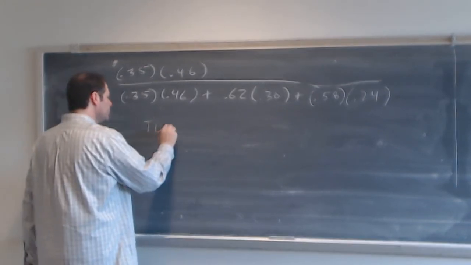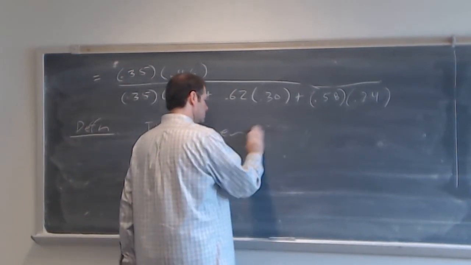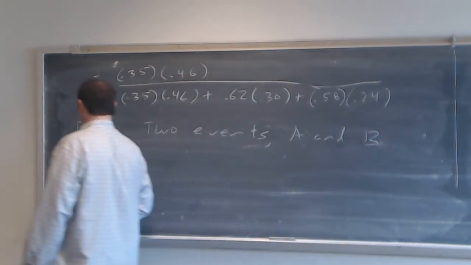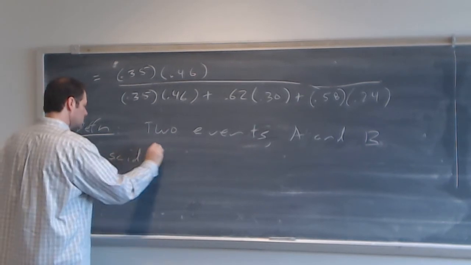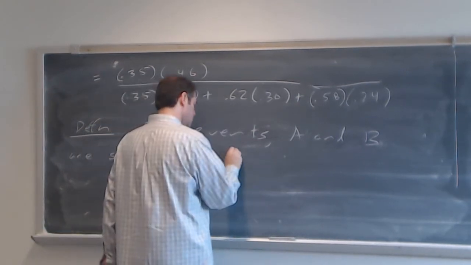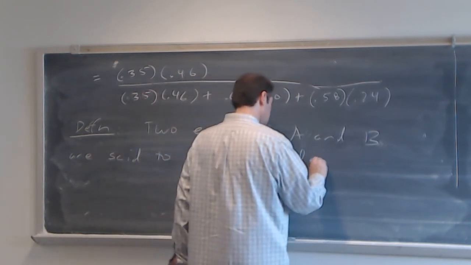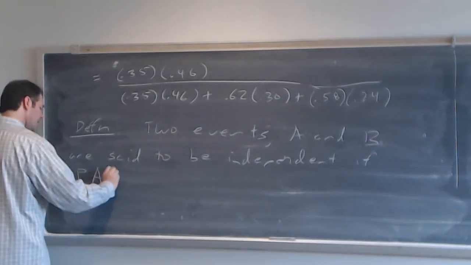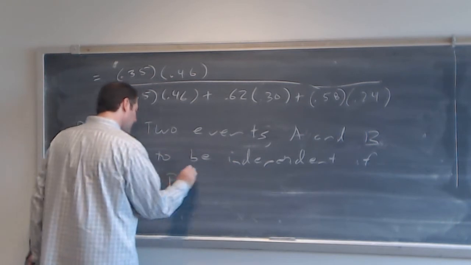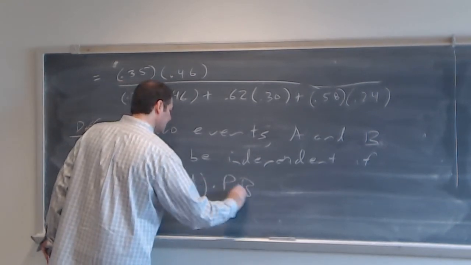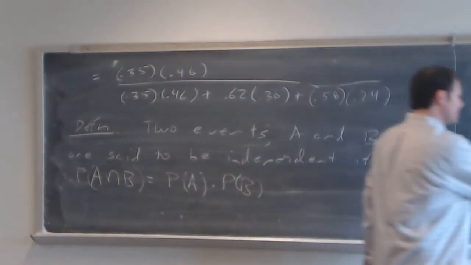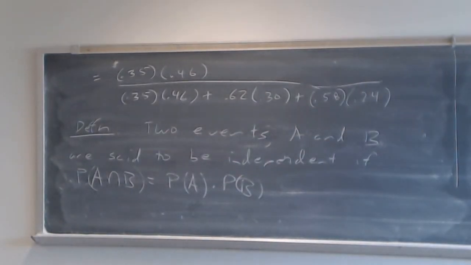So two events, A and B, are said to be independent if the probability of A intersect B is equal to the probability of A times the probability of B. I'm going to do a fact and then two examples of independence. One more definition as well. And then we'll be done.